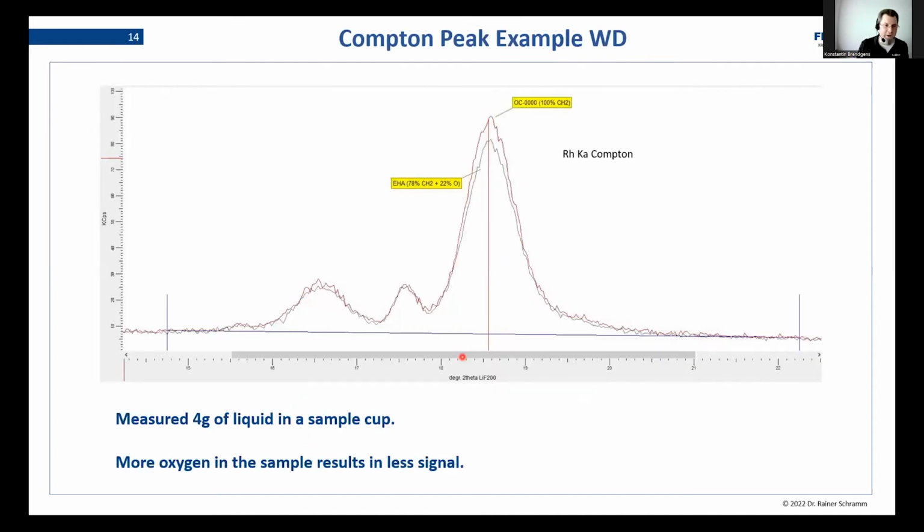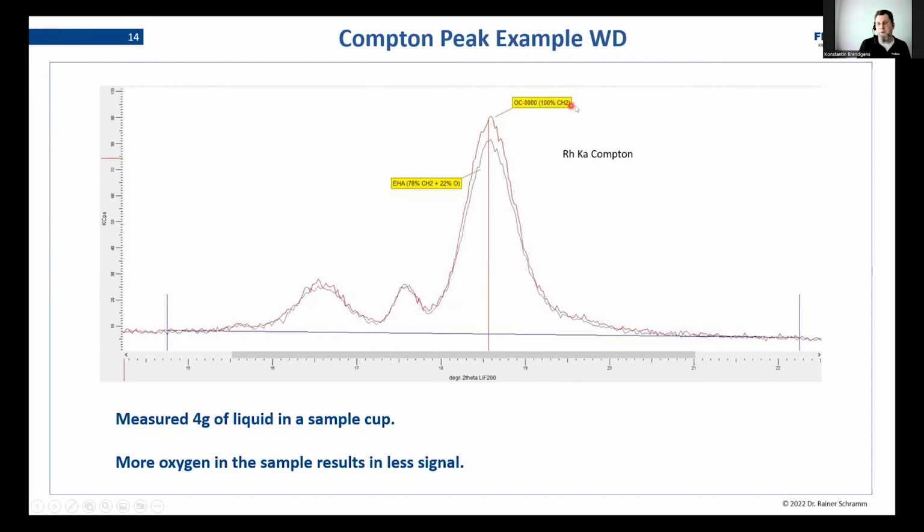We have two examples here from methods that we use. The first one is from a wavelength dispersive unit. We see the Compton peak here for two different samples. Both are liquids, and in both cases we used 4 grams of liquid.